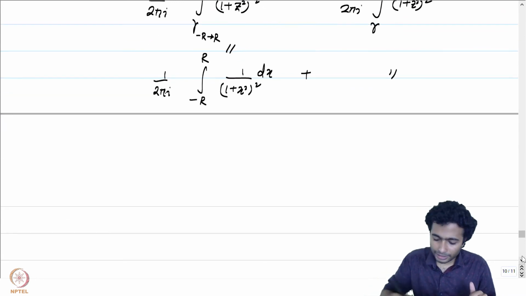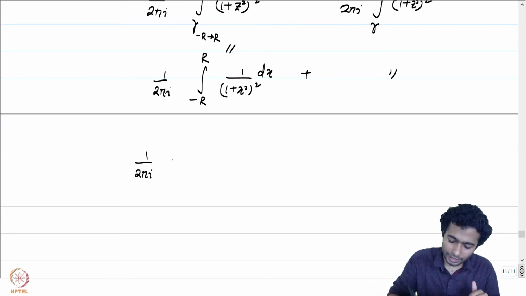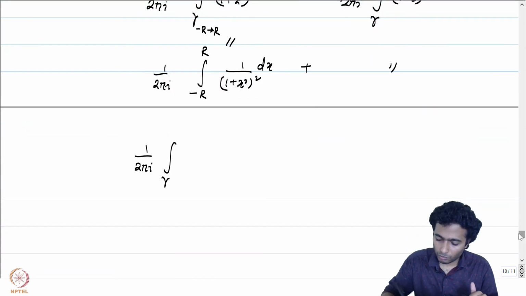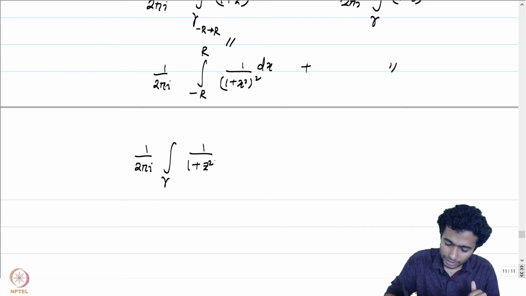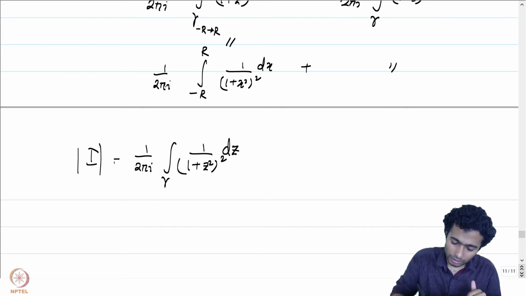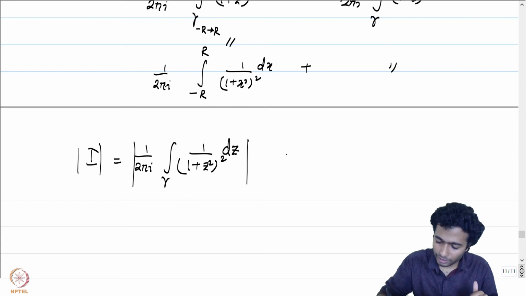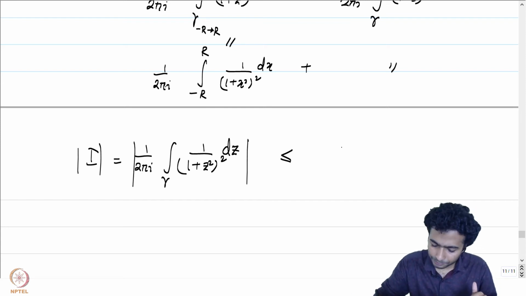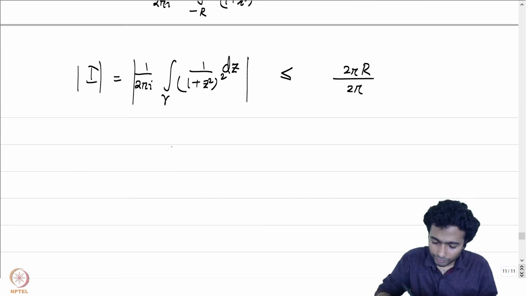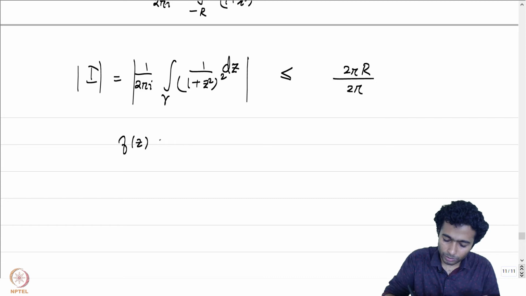Let us look at the second term, 1 by 2 pi I integral over gamma of 1 by (1 plus z square) the whole square dz. Suppose this is I, then the absolute value of I is just going to be less than or equal to 2 pi r by 2 pi times the bound on f of z, which is 1 by (1 plus z square) the whole square.